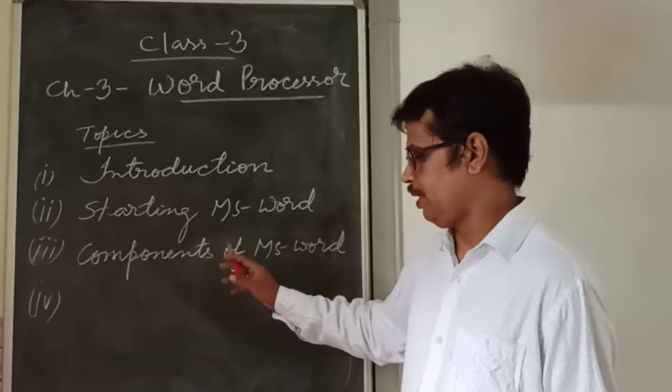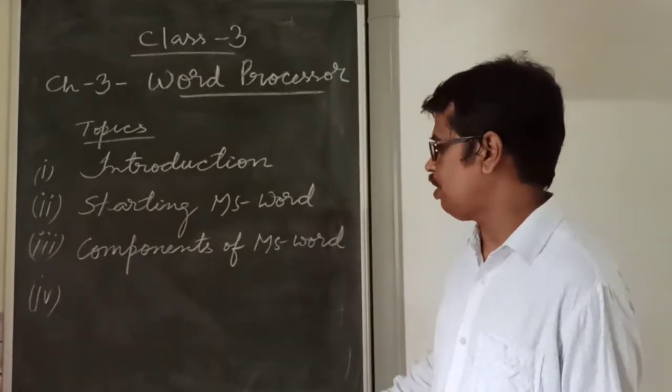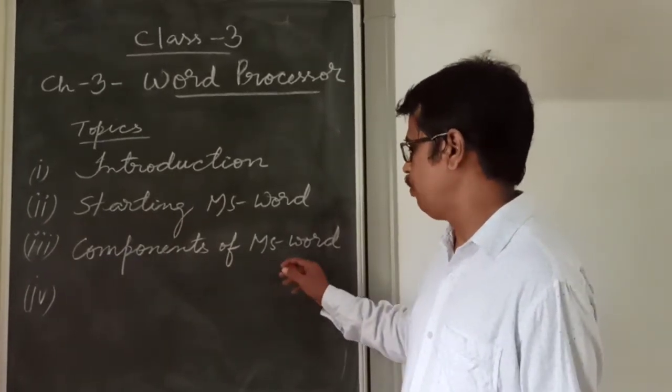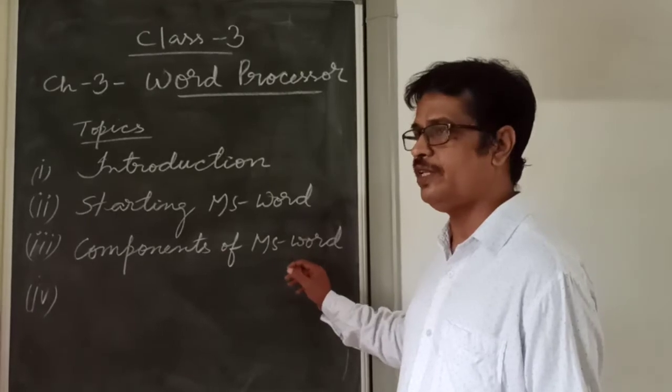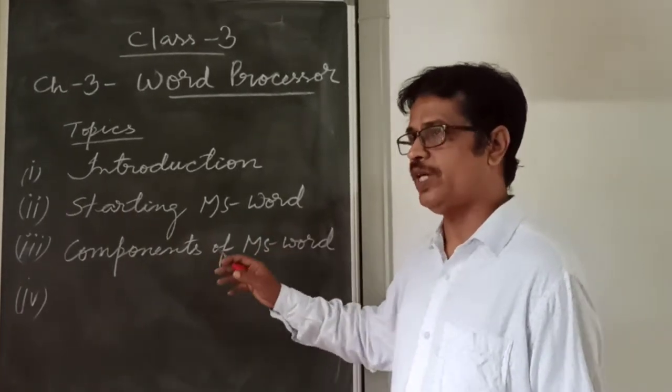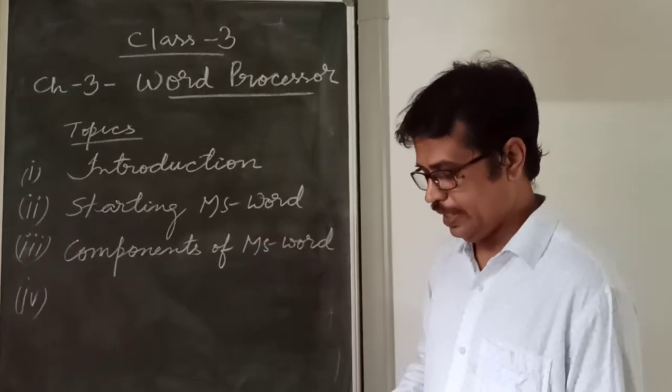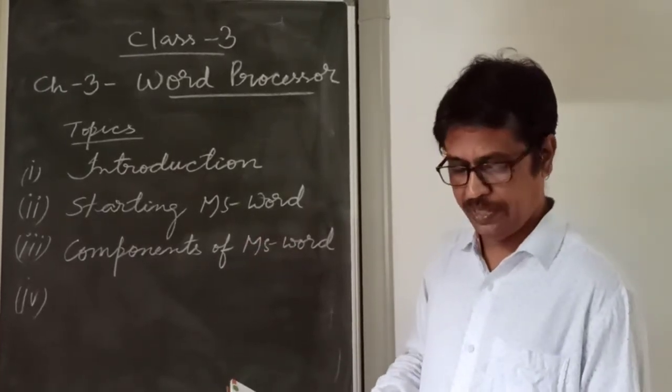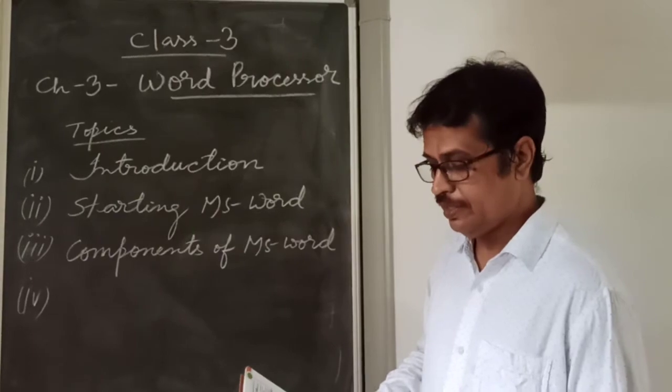Now the third topic is components of Microsoft Word. Components means different parts of Microsoft Word, different areas of the Microsoft Word window. I can show you, it is given on page number 33.